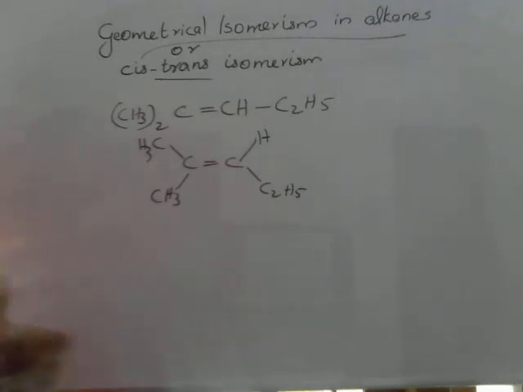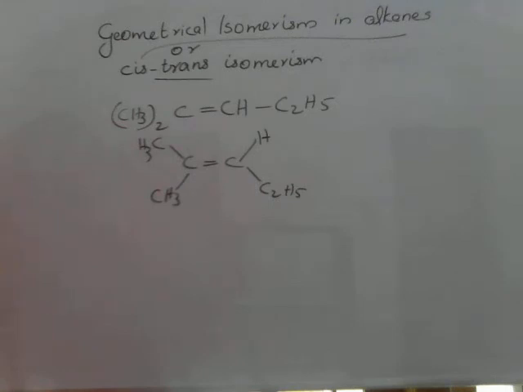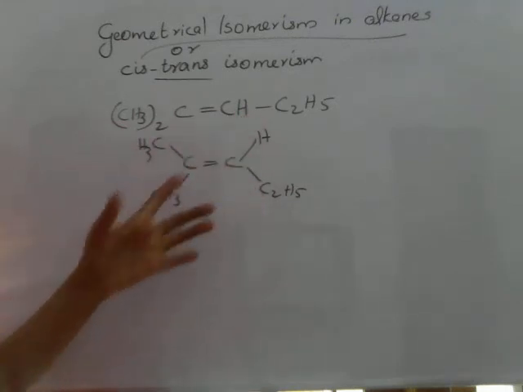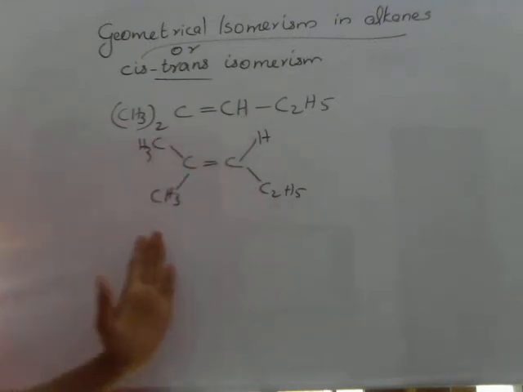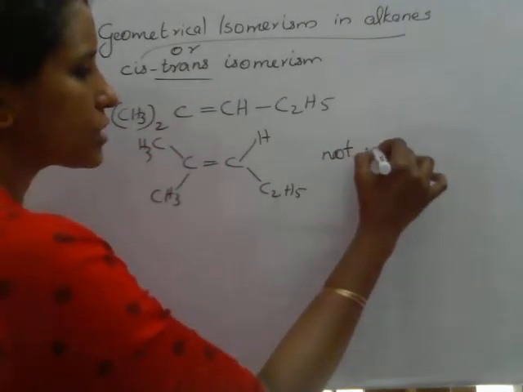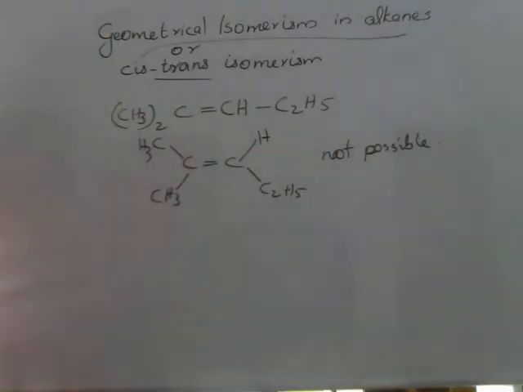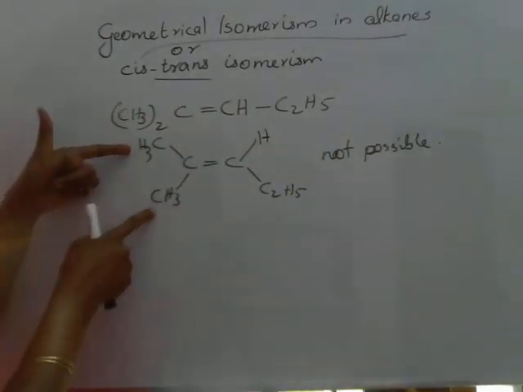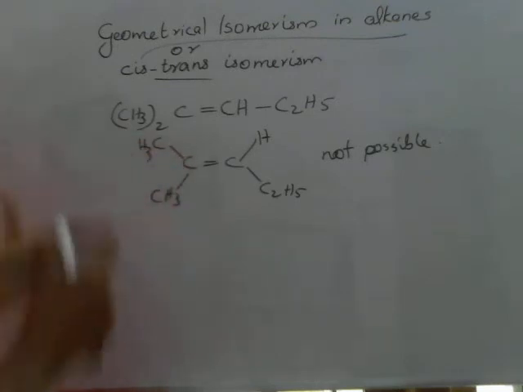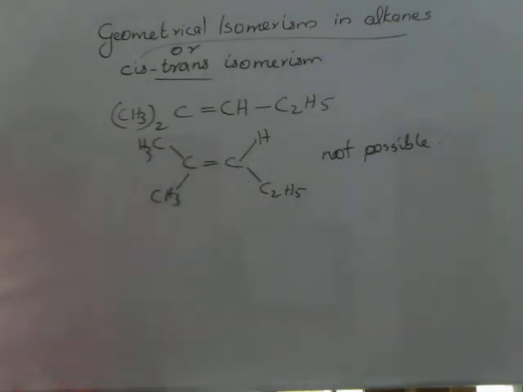Here, there is only one way of arranging these groups around the doubly bonded carbon atoms. If you exchange the positions also, we get a similar structure. That means cis-trans isomerism is not possible. Geometrical isomerism is not possible in this alkene because two identical groups are attached to the same doubly bonded carbon atom, and that group is not present on the other doubly bonded carbon. So cis-trans isomerism is not possible.